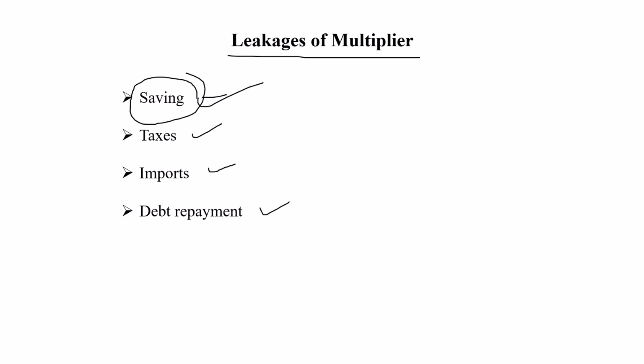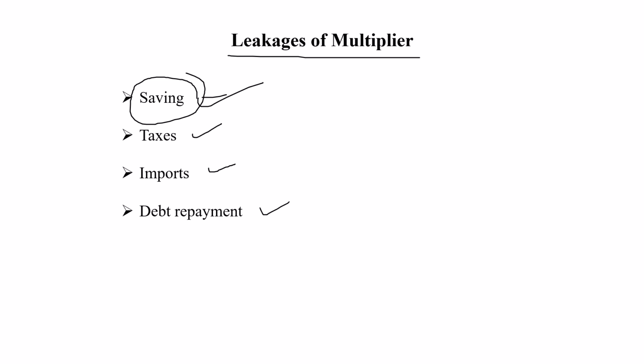Then consumption will stop or be very low, and then the multiplier effect won't work, or will be less, when a person's saving is more than the consumption. This is one of the factors influencing the leakage of multiplier.